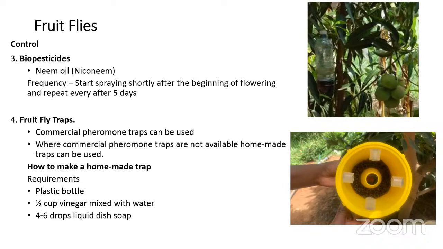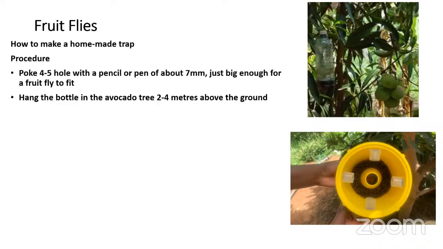Then you also need to add about 4 to 6 drops of liquid dish soap. This one is important in the sense that as the fruit flies enter your bottle and come in contact with this liquid soap in vinegar, it will make the wings heavy and they drown in the mixture.